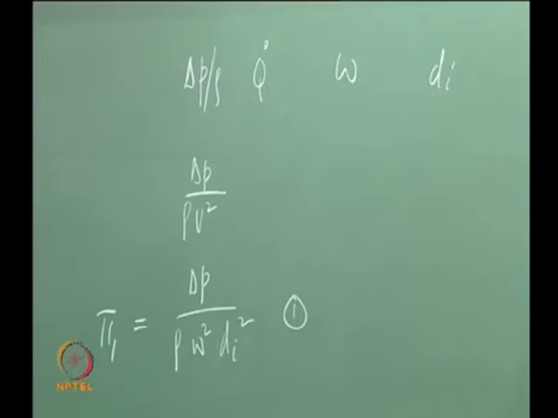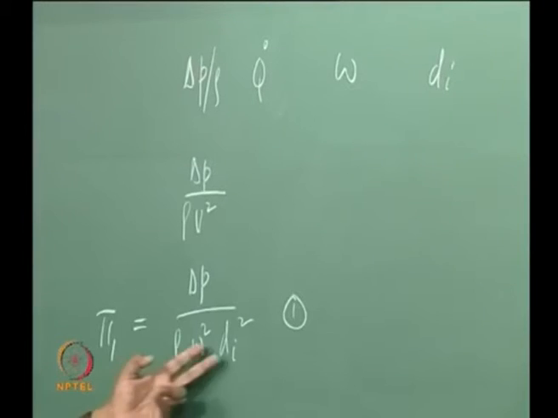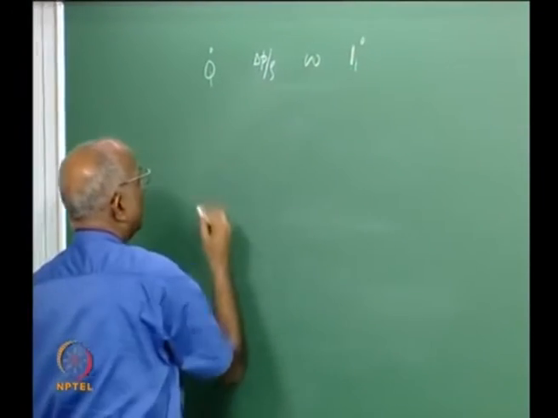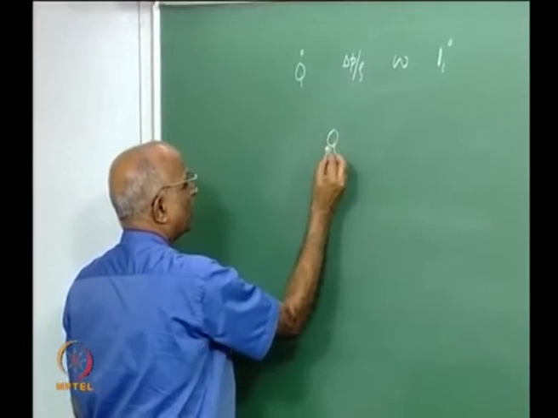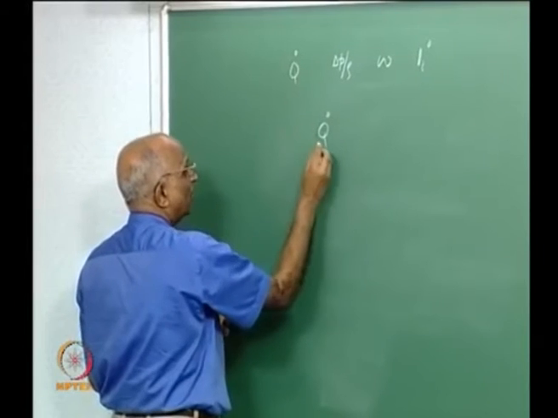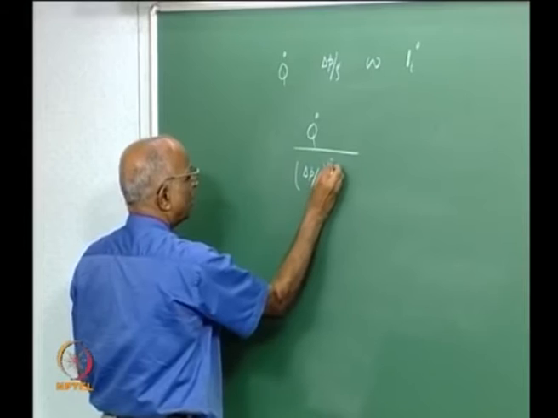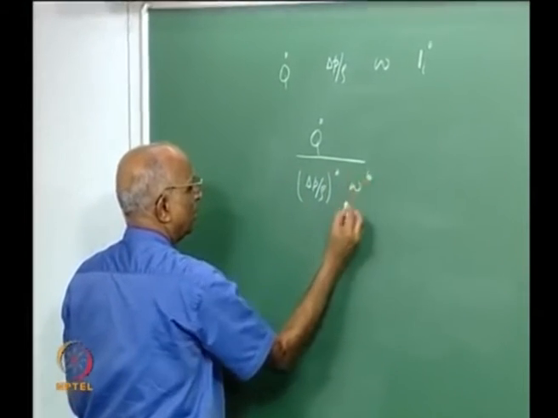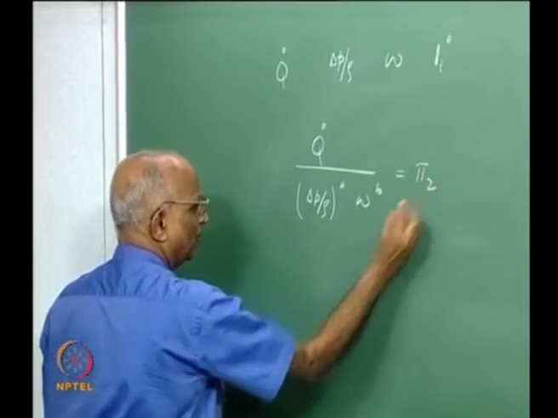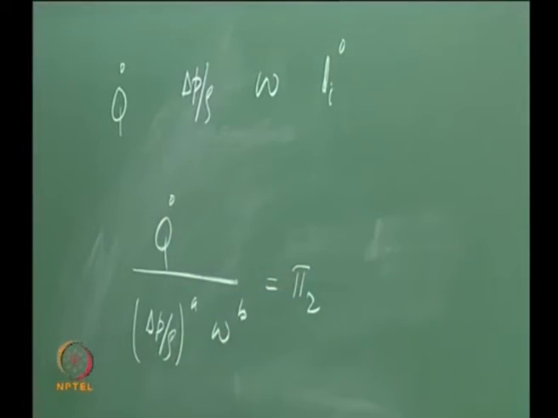Well, I have omega, and to some extent I have already taken di in this, so let me now put di as equal to 0. Let me not consider di, not being influenced. I am looking for non-dimensionalizing the value of mass flow rate in terms of delta p by rho to the power a into omega to the power b, which I want to write as pi 2, because I am going to separately look at di a little later.